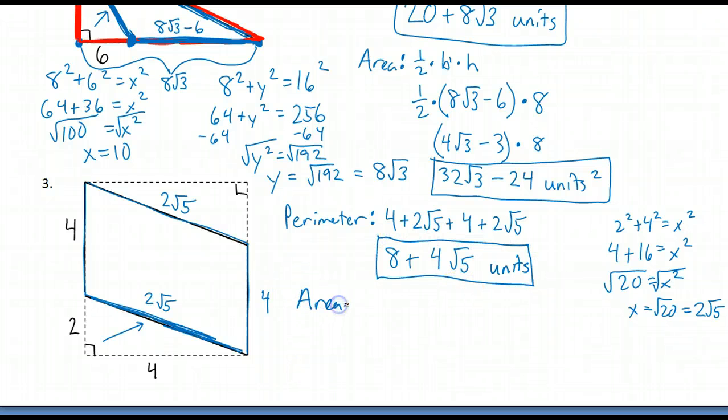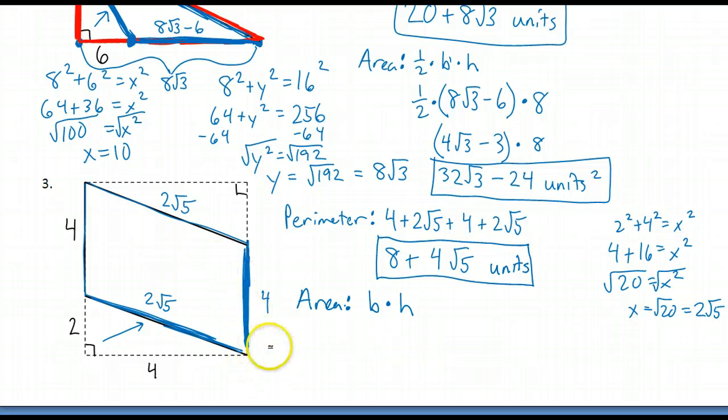My area. I have a parallelogram, so my area is going to be base times height. Now there's a number of ways to get this answer, but the way that I'm going to look at this is I'm going to say this length is my base.